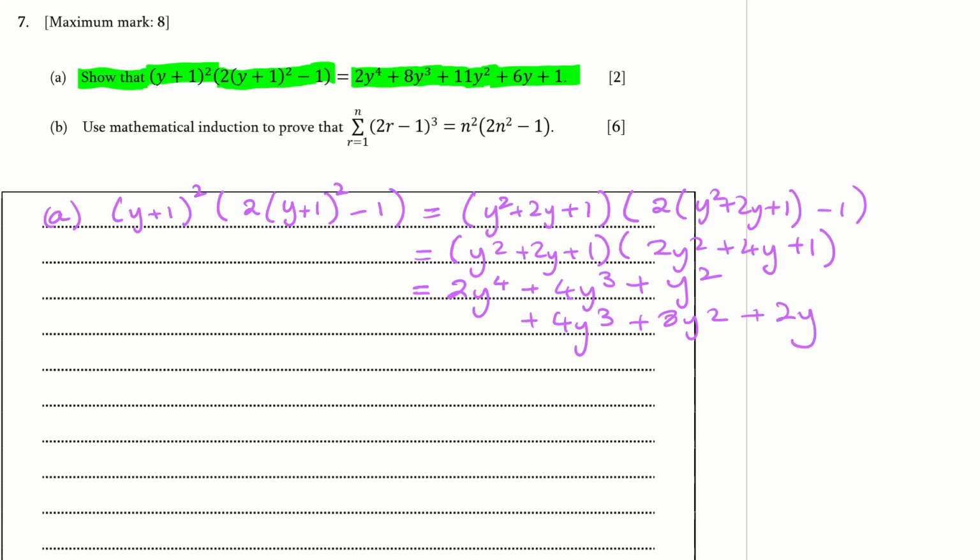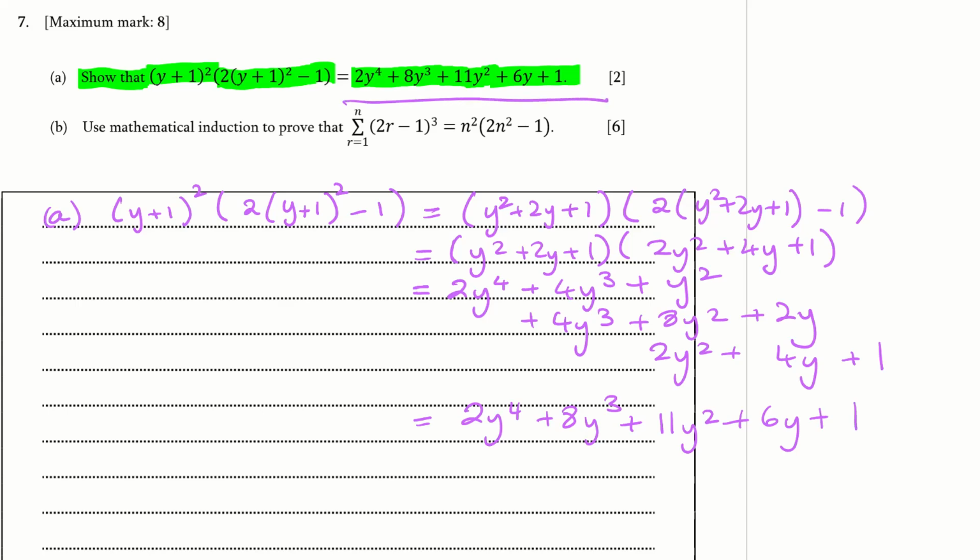And then multiplying 1 by everything in the other bracket gives us 2y squared plus 4y plus 1. Tidying that all up gives us 2y to the 4 plus 8y cubed plus 11y squared plus 6y plus 1 as required.